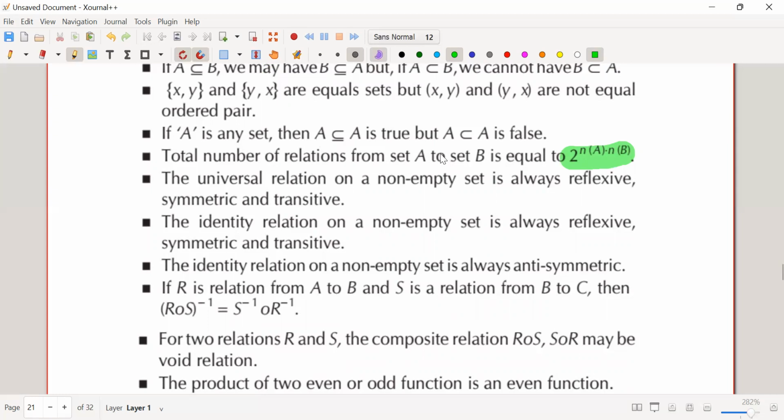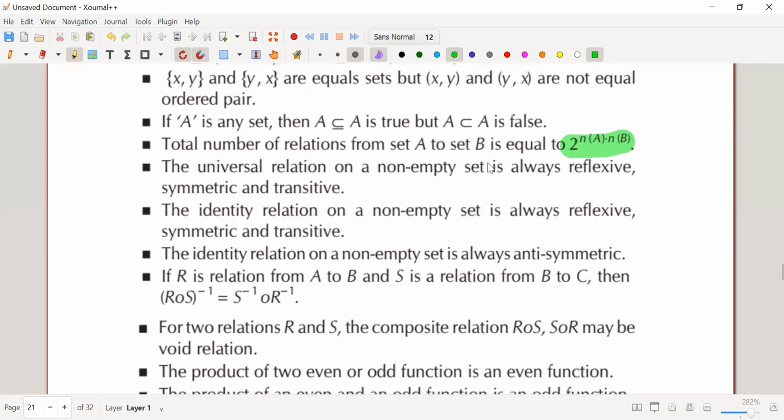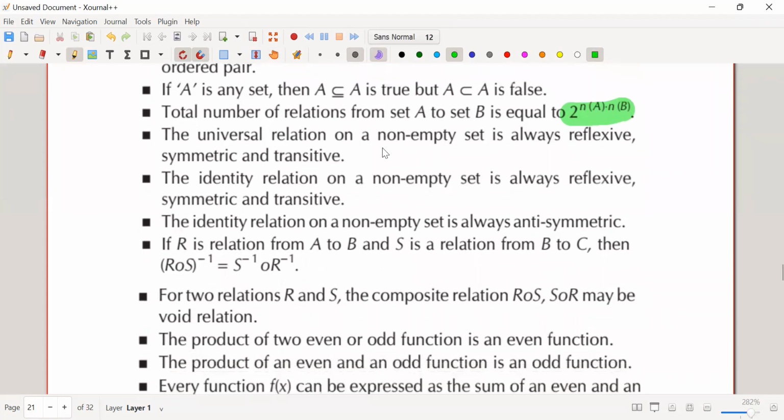This question is asked often. All right, 2 power n of A into n of B. Okay? The universal relation of a non-empty set is always reflexive, symmetric and transitive.